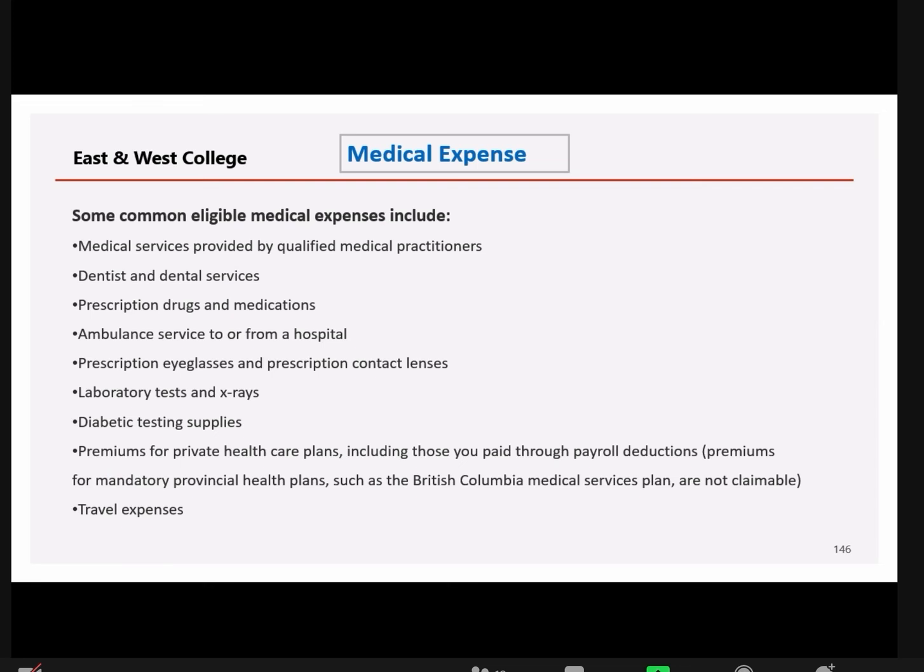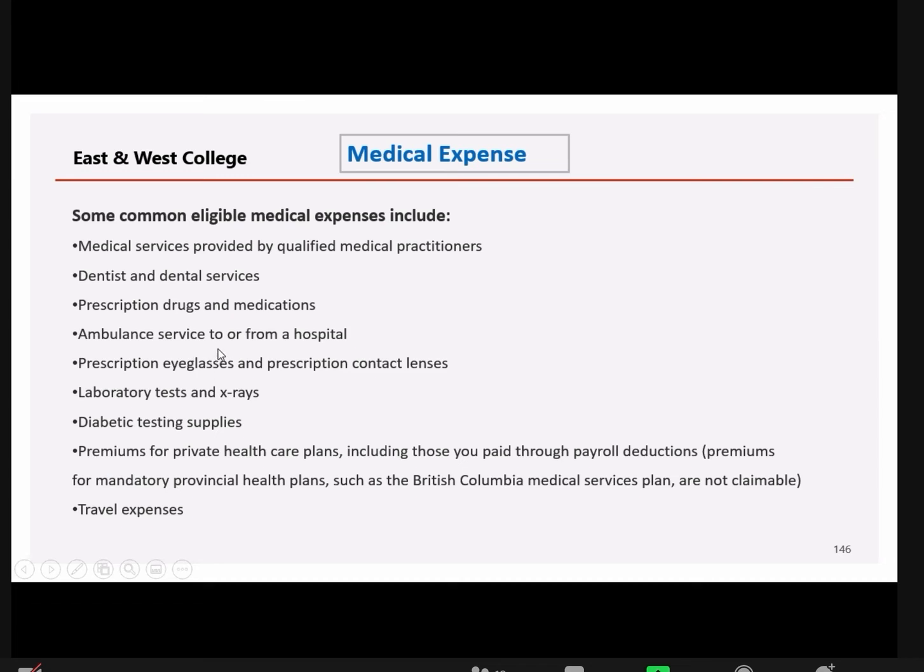So when you have these two things, the DIN and the RX number, that means it's a prescription drug. Otherwise, it's an over-the-counter drug. Clear? Okay. You make sure it's a prescription drug and medication.